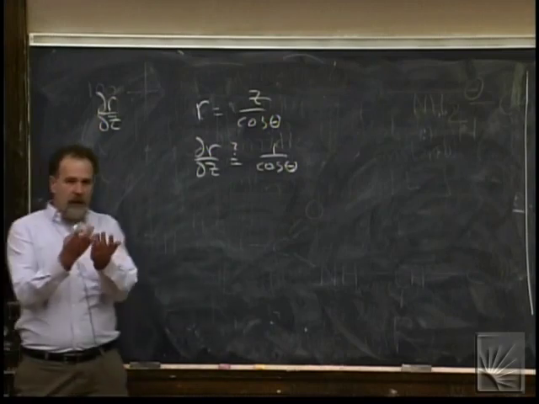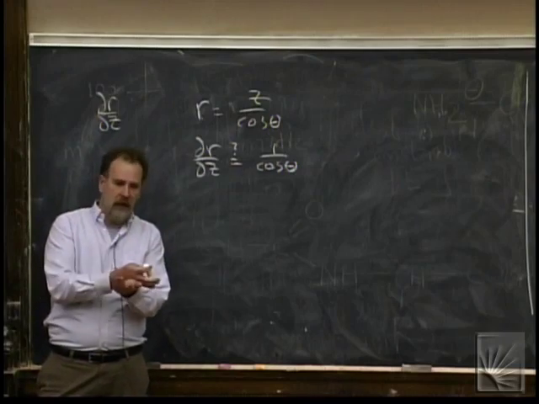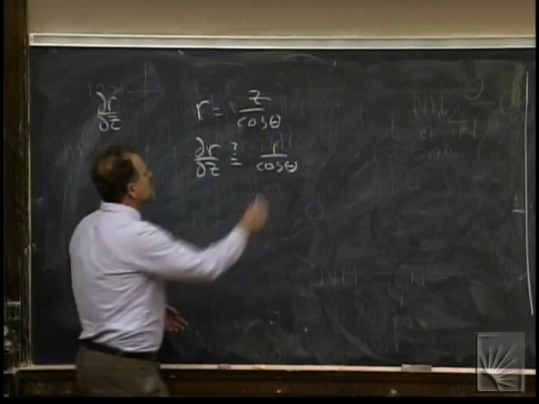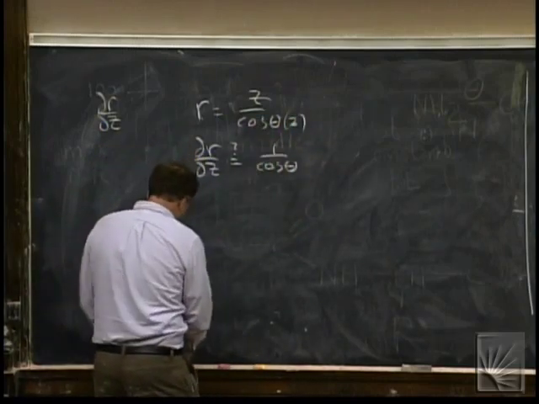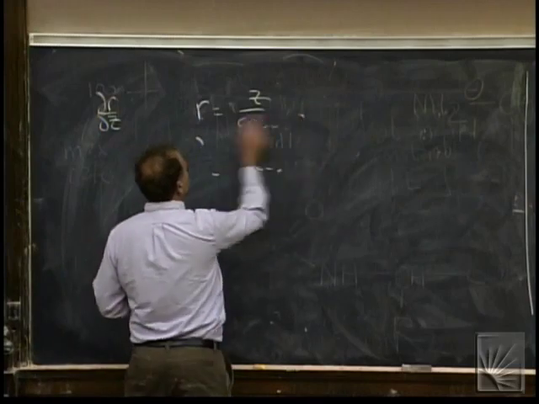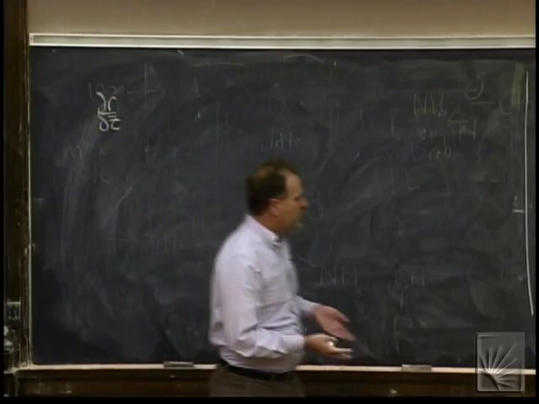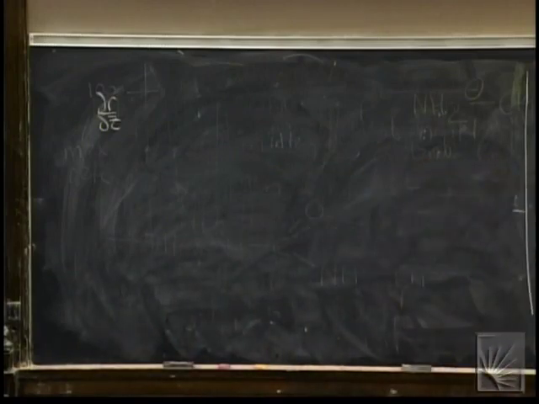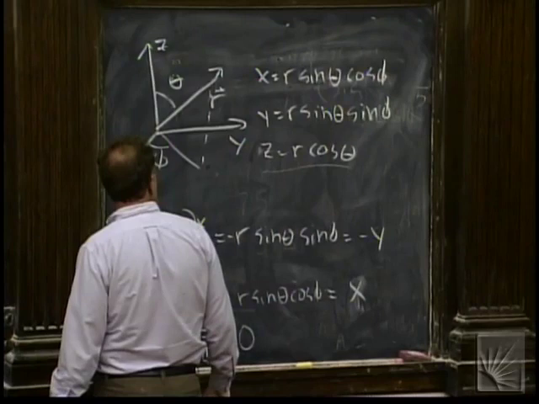Exactly. My three independent coordinates are either r, z, y, or x, y, z, or r, theta, phi. So theta is dependent on z, so I can't do this. I need to end up with an expression that has r expressed purely in terms of x, y, and z.